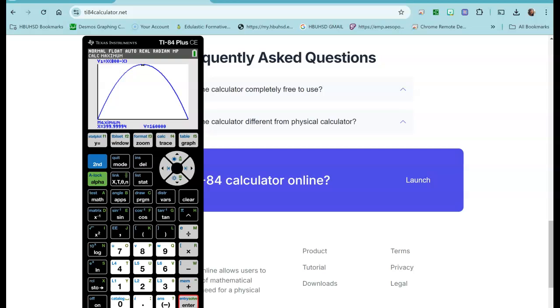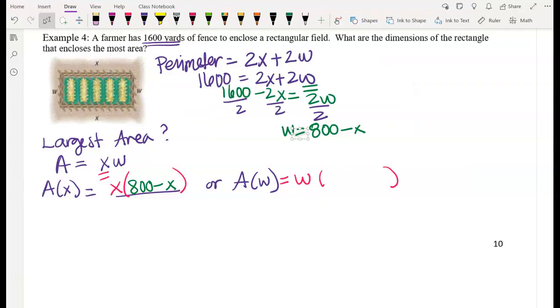Okay, so your x is going to be 400. Let's go back and type that in. So it's asking what dimensions are going to give us the largest area. So x, based on your calculator, was 400, and the unit is yards. Okay, and x is going to be your base here.